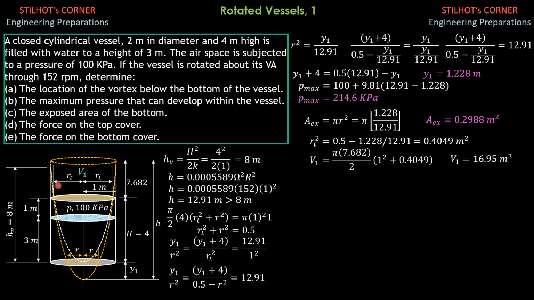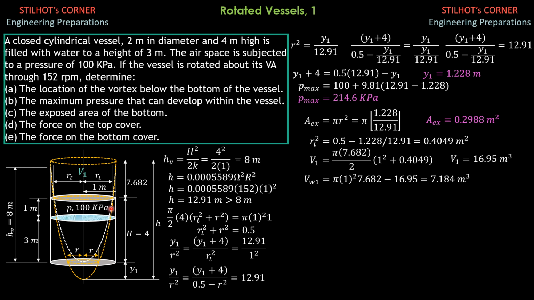Therefore, the volume of imaginary water above the top cover can now be computed. It is just the volume of the circumscribing right circular cylinder, pi 1 square times 7.682, minus V1. So that volume is equal to 7.184 cubic meters.